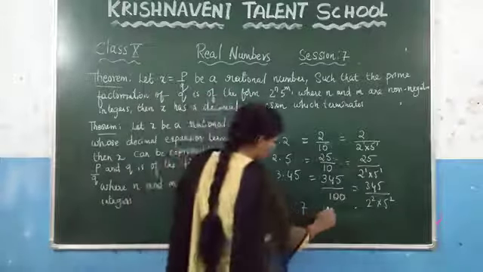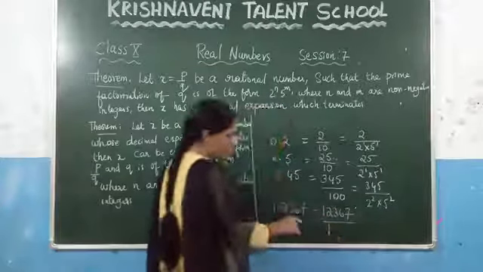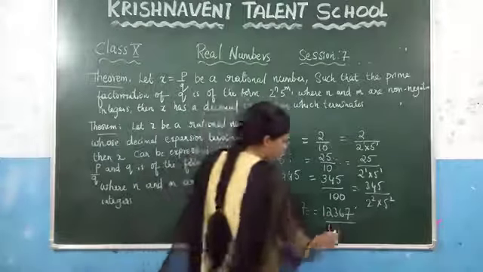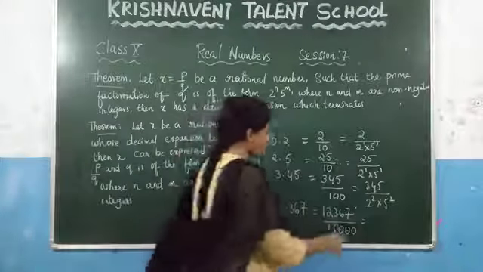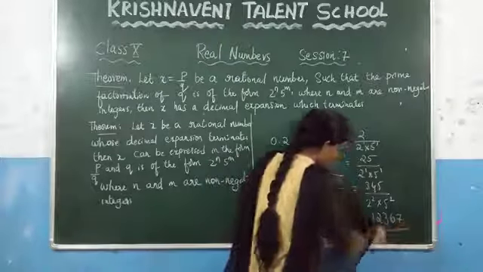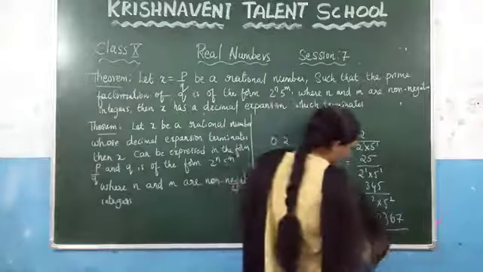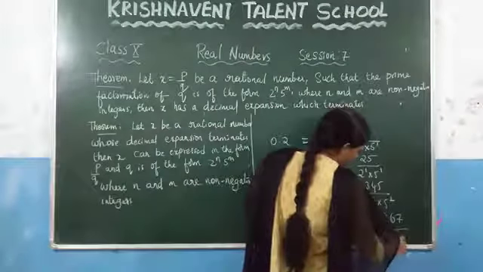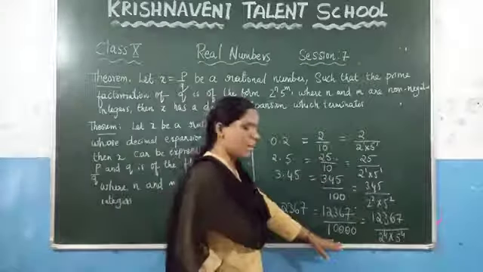How can we write this as 1, 2, 3, 6, 7? After the decimal point, how many numbers are there? 4 numbers are there. So keep 4 zeros. So you can write it as 1, 2, 3, 6, 7 by 10 power 4. Here, this one you can write as 2 power 4 into 5 power 4. After calculation, we will get that value as 10,000.